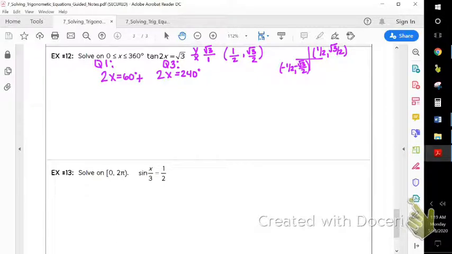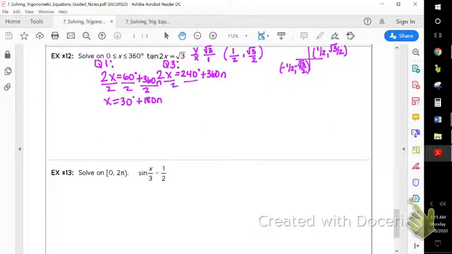But remember, this isn't 2 pi now, this is 360 n. So we're going to put plus 360 n. And then we need to solve for x, so we're going to divide everything here by 2. And so we get x equals 30 plus 180 n.